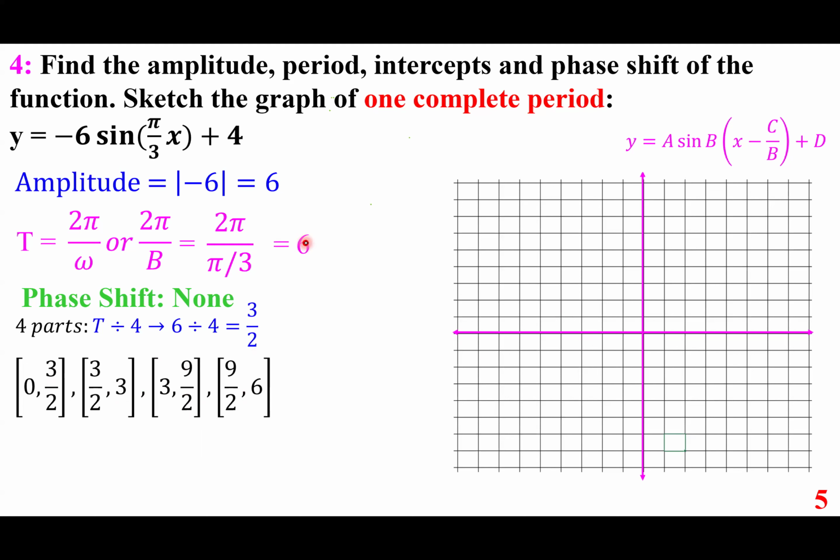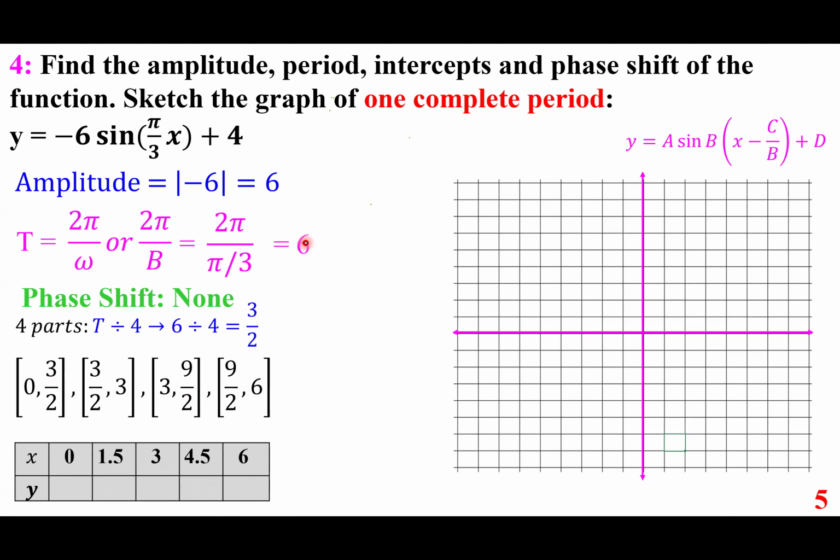So we are going to plug in some easy numbers. For example, the endpoint's 0. If I put a 0 here, sine becomes sine of 0, which is 0, and the answer is positive 4.